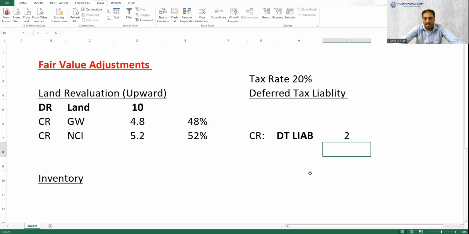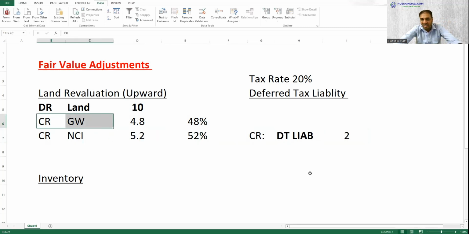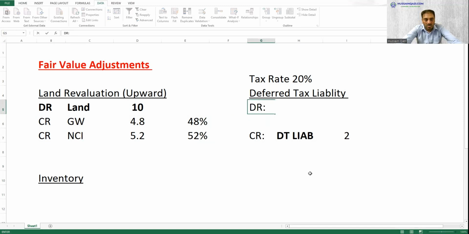If the liability increases, the impact is debited with the same structure: goodwill 0.48 and debit NCI.